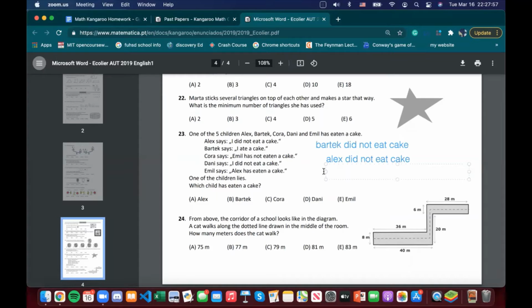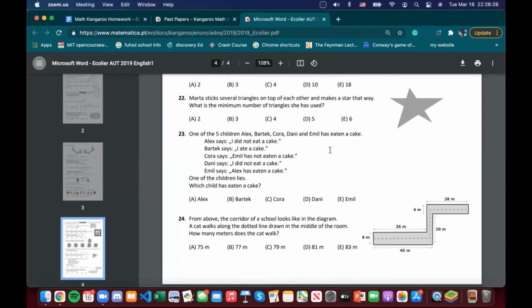But Emil has to be true because Bartek is lying, so Alex has eaten a cake. And you see, you can't have Alex both eating and not eating the cake. So Bartek cannot be lying because it is not possible for someone to be eating and not eating a cake.